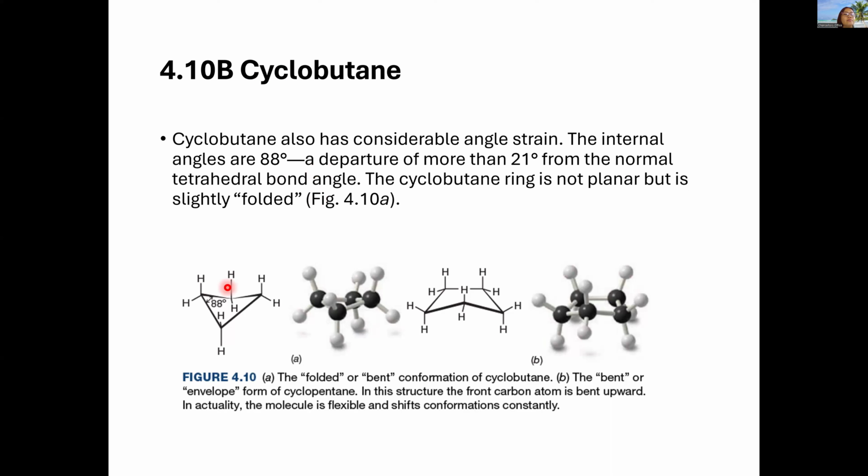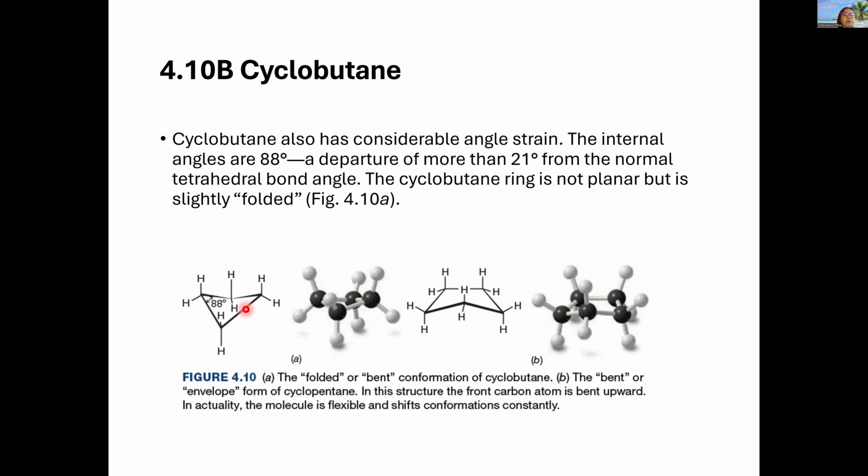And normally, carbon should have again 109.5, but it departs from the normal. So carbon here assumes less than the normal bond angle. So cyclobutane would have the angle strain also. The most stable conformation here is the folded or bent. It's not planar.